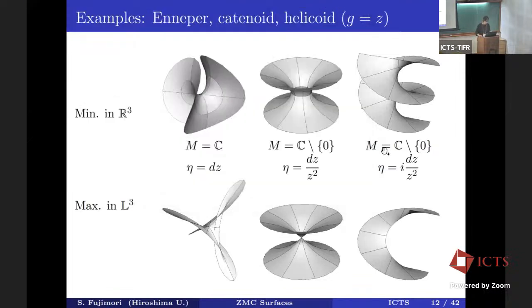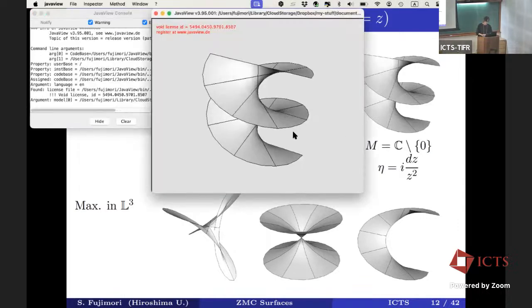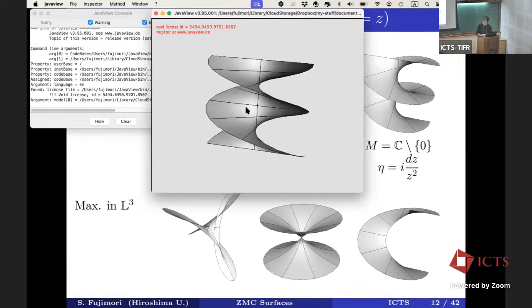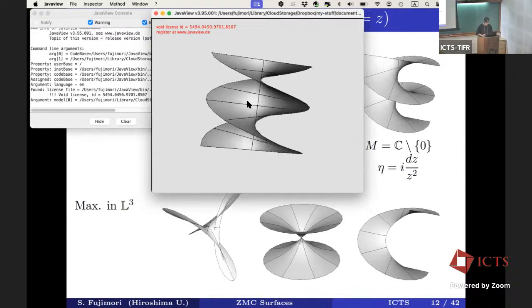And also the helicoid. So the conjugate of the catenoid is the helicoid. And consider this helicoid. As a minimal surface, it is a helicoid, and it is a ruled surface. We have a vertical line here, and then also horizontal lines.